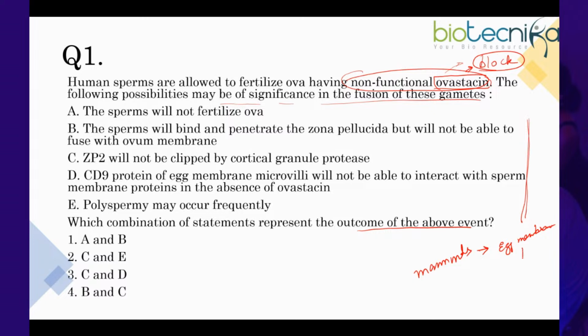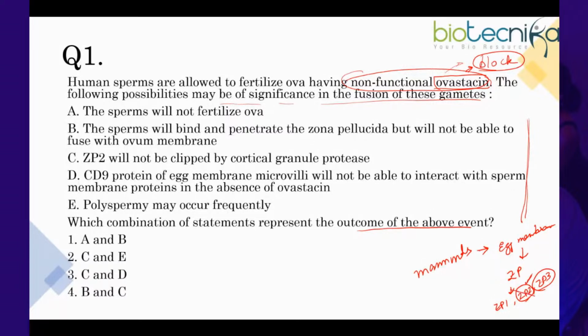The plasma membrane is there, but the additional membrane is the zona pellucida, which consists of the glycoproteins ZP1, ZP2, and ZP3, right? Now, ZP3 is the major glycoprotein required for recognition of the sperm proteins, and ZP2 is also required in the later process, but at a later stage ZP2 is actually cleaved.